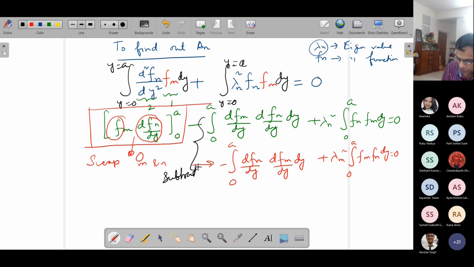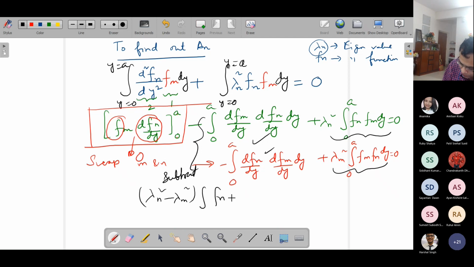If you subtract these two, this will be cancelled, because it is just the same thing, very symmetric terms. And from these two terms, you can get lambda n square minus lambda m square, integral of fn fm dy.